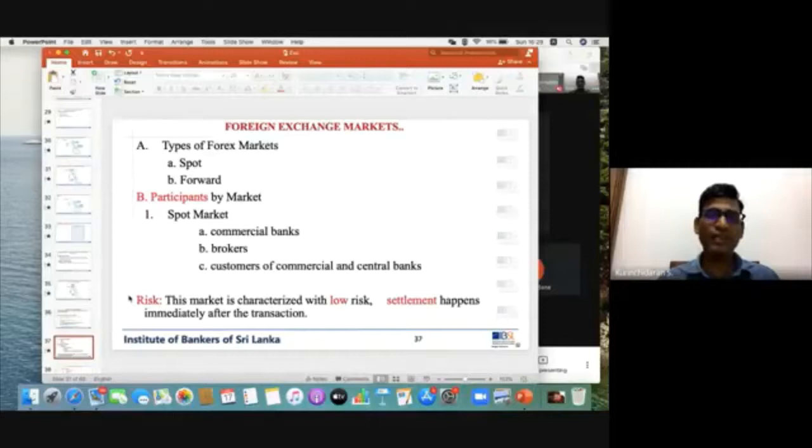You book the transaction and it is settled immediately, so the default risk, that is the settlement risk, is less.